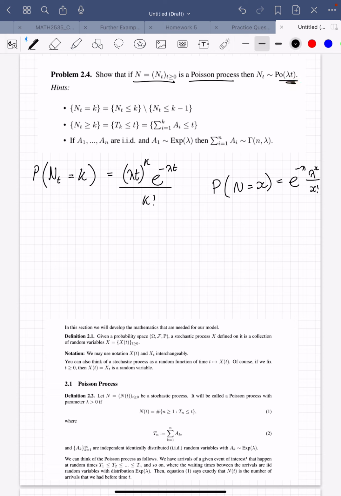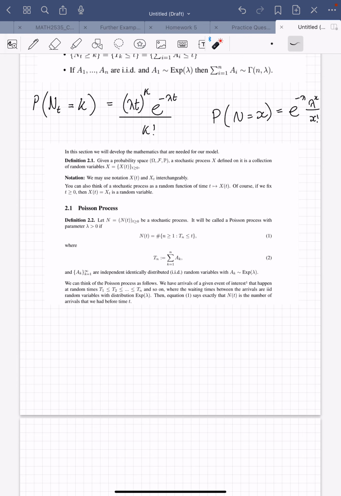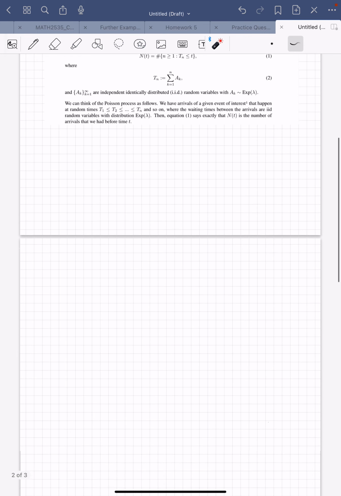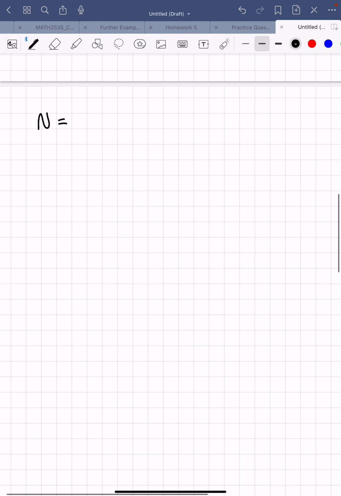Then we're going to use these three properties to basically show this, and we're also going to use information from our notes. So first I'm just going to define some terms. N is the number of events.